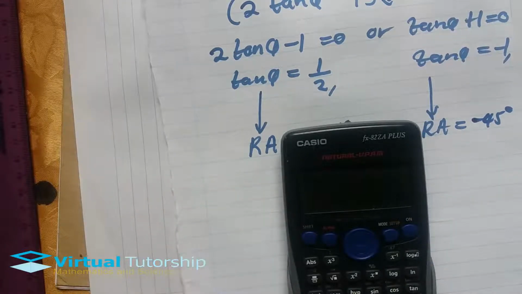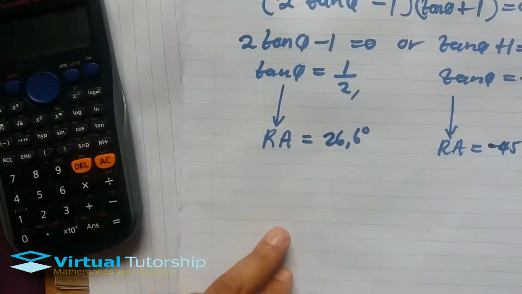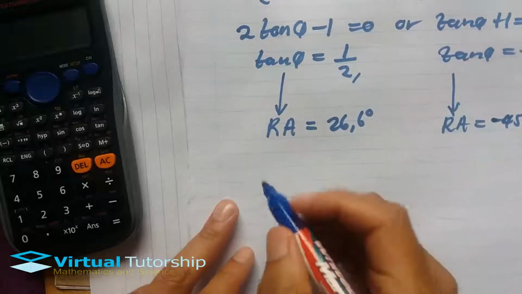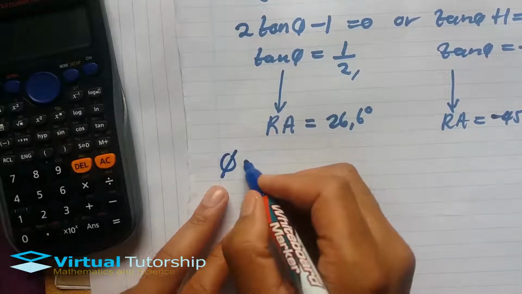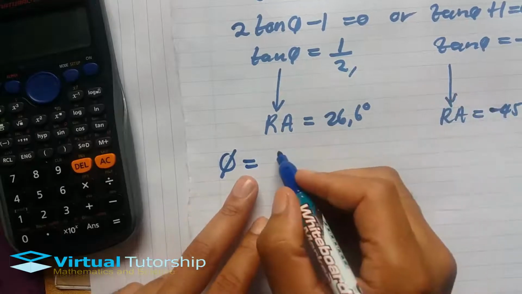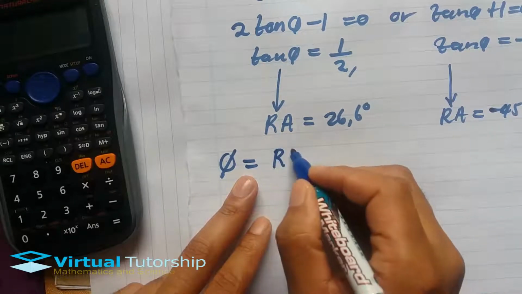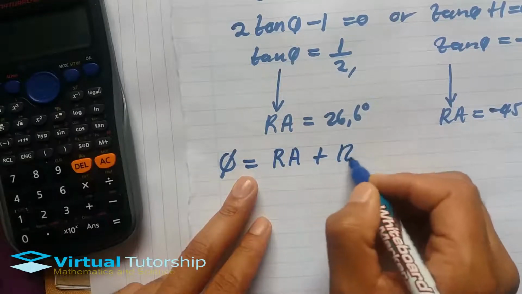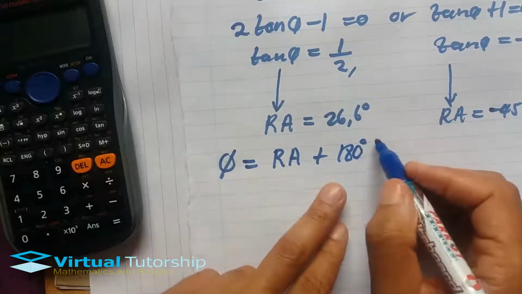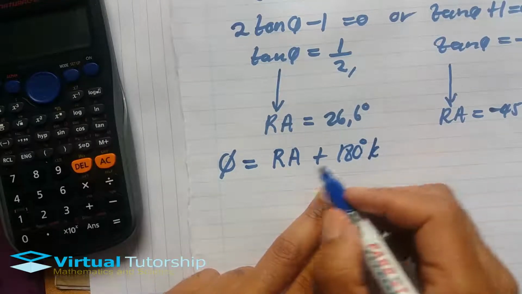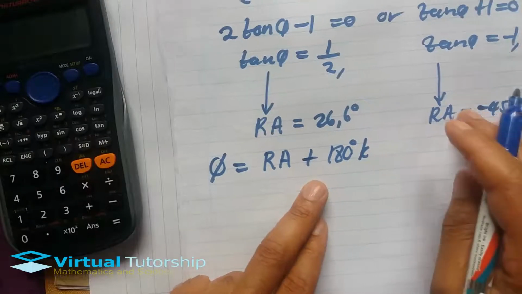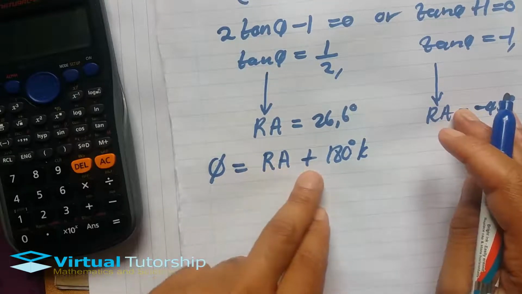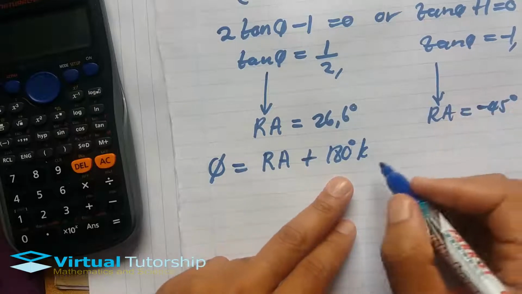The general solution for a tan function is the reference angle plus 180 degrees times k.